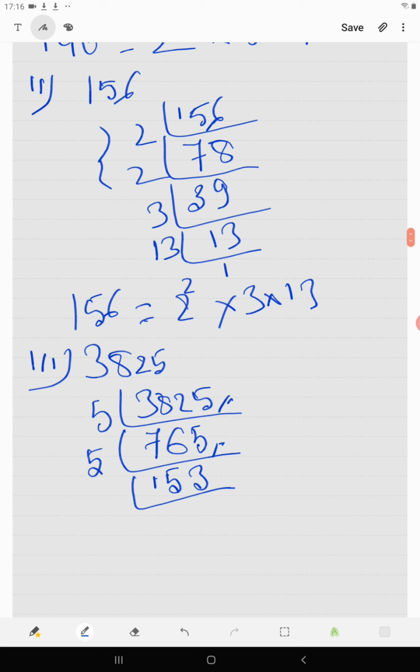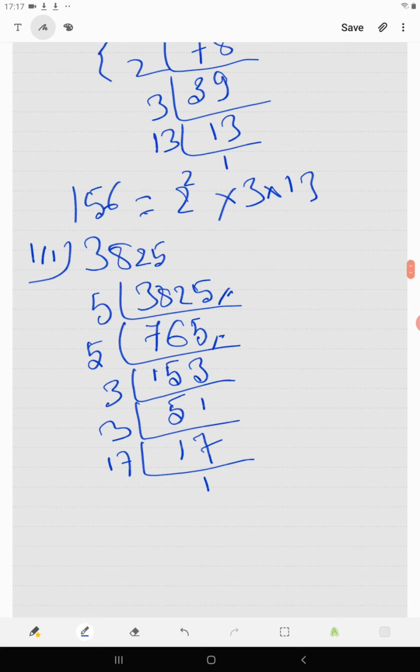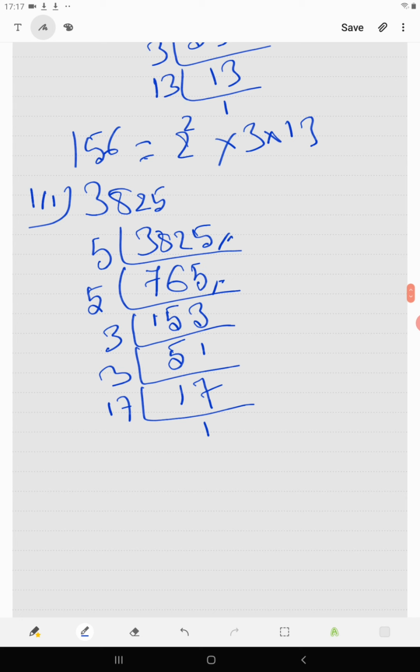Now it will go by 3: 3 times 51 is 153, and again 51 will go by 3, giving 17. 17 is a prime number, so I took 17. So in 3825 we have two 3s, two 5s and 17.